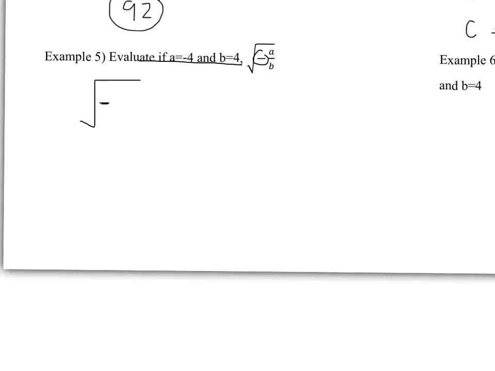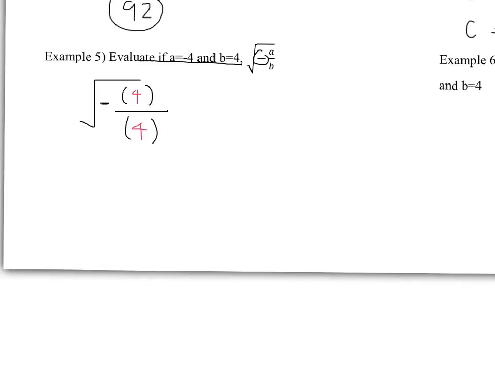I'm going to rewrite that. I see an A on top, so I'm going to put parentheses for my A over parentheses for my B. Now I'm going to put in my numbers. A was negative 4. B was 4.